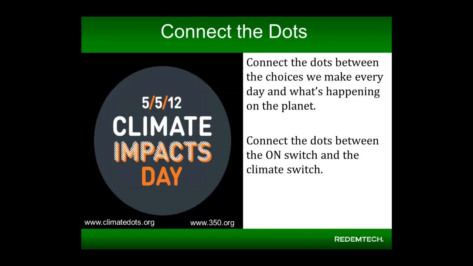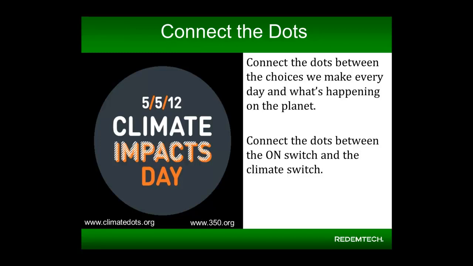Now, this little connected dots slide I inserted a few weeks ago when May 5th came. May 5th had to do with connecting the dots around climate change, and if you could see the world as a whole and see how many places are being affected, it becomes much more clear that there's a problem. If you only take isolated incidences and isolated environments and isolated geographies and put them all together, you start to see the pattern is much more drastic than is easily seen on a day-by-day basis.